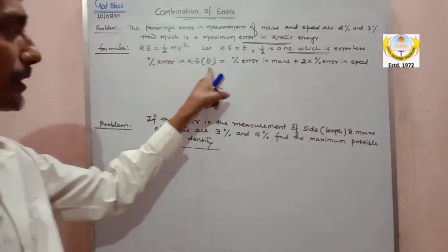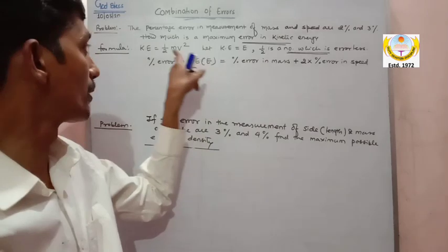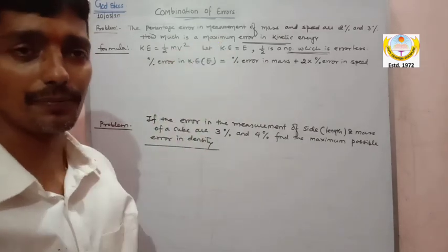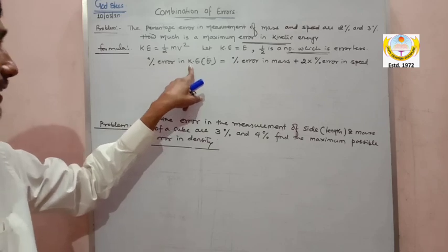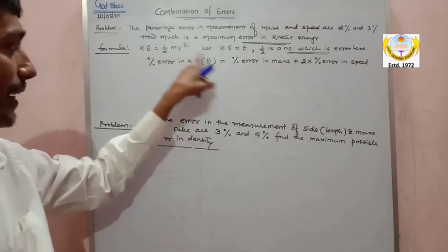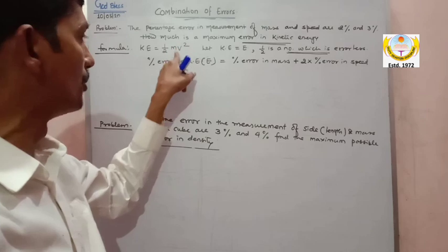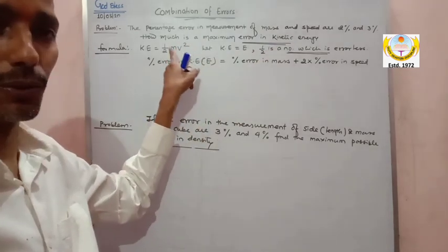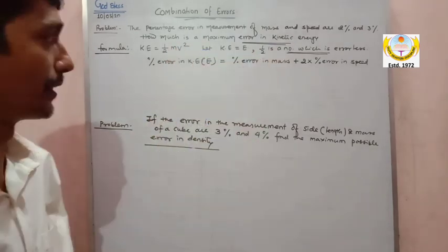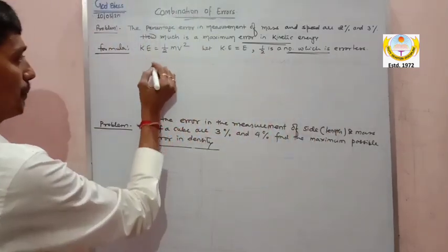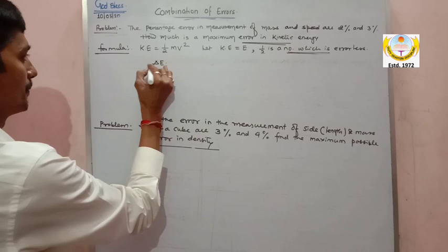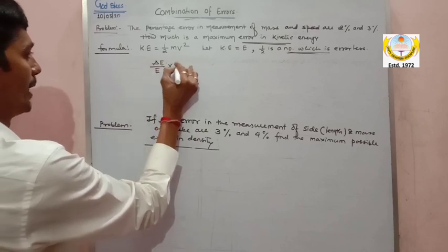Because, sir, it is a relative error concept, because it is a product with a power. So the answer is: percentage error in kinetic energy E is equal to percentage error in mass plus 2 into percentage error in velocity, because of the power 2. Or instead of writing all this, I write delta E upon E into 100%.